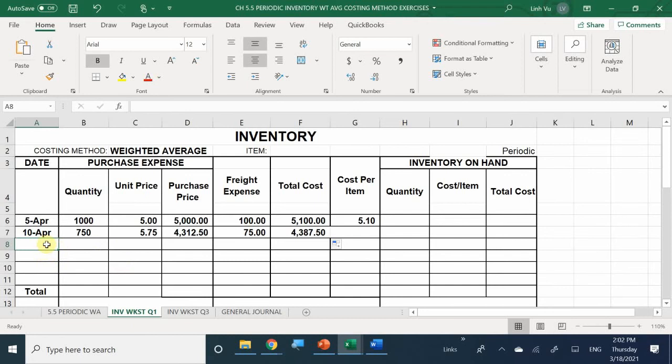So here we are, April 20th, 200 items at $6, with a freight of $20. What's my purchase price here? $1,200 plus 20 gives me a total cost of $1,220. Good. So I don't need to calculate my average cost anymore because I'm making more and more purchases.